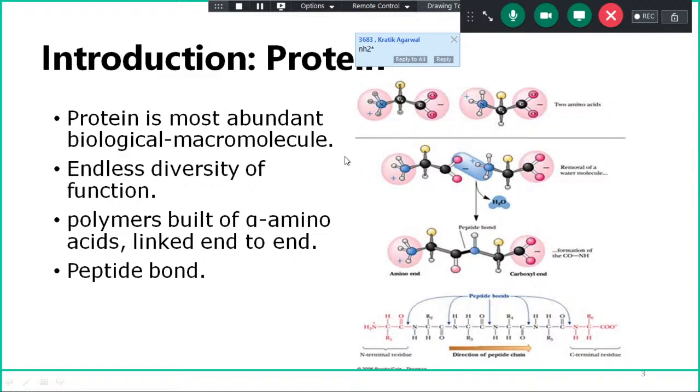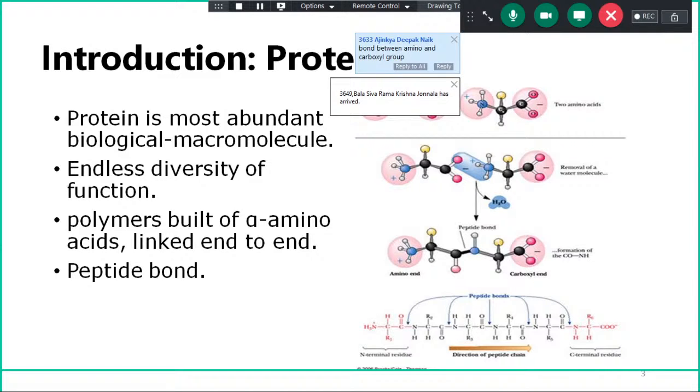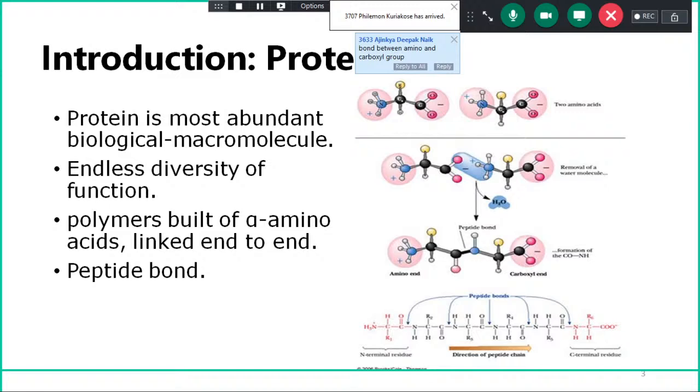Okay, so I've got multiple responses. Yes, it is an amide bond which is formed between the amino group of one amino acid and the carboxyl group of another amino acid by removal of a water molecule, and this reaction requires ATP.